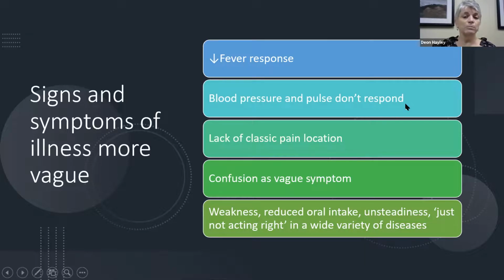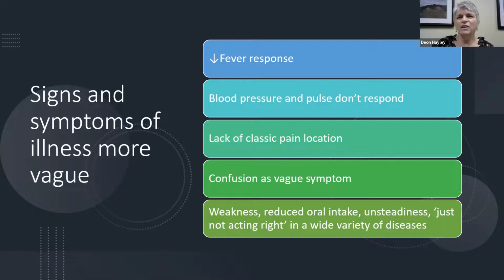The blood pressure and pulse, same thing. A child really ill with an infection, their heart's going to be racing. Older adults may not have the ability to get the heart rate up so high, or just don't respond in the same way.